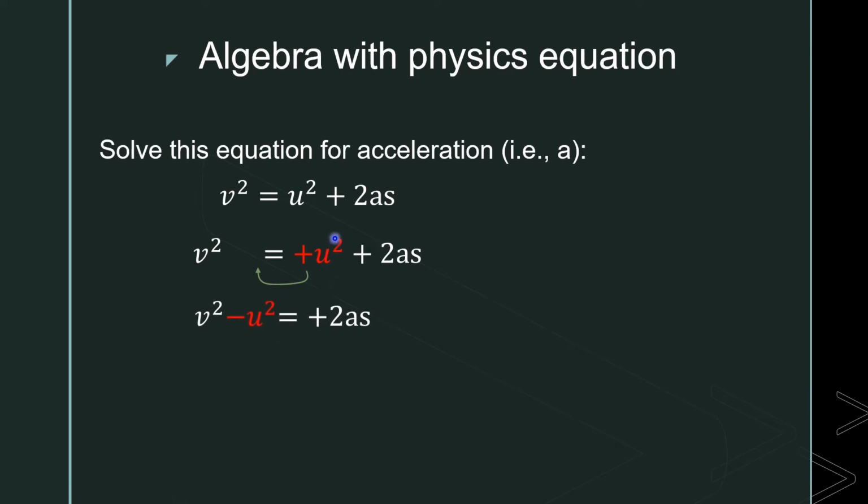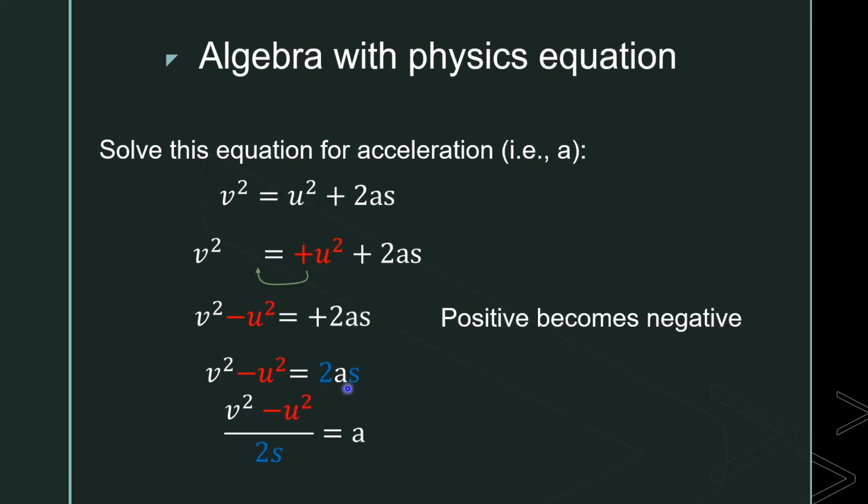Okay, so we got rid of one term from this side. Now let's get rid of this S and 2 so that we have simply A that we are trying to solve for. Since S and 2 were multiplying A, when they move to the other side, they are dividing this whole thing. The thing we remember is that multiplication becomes division.